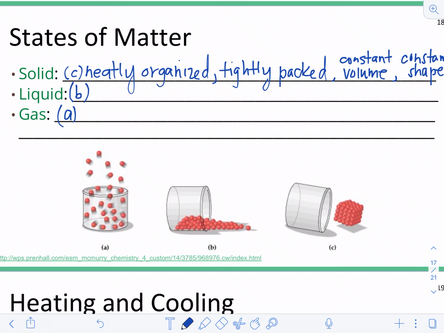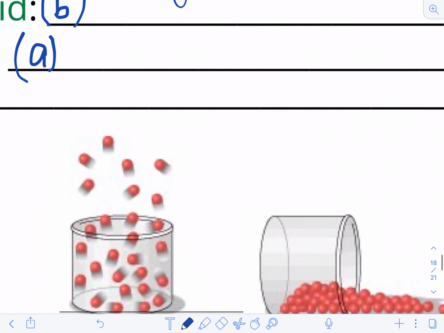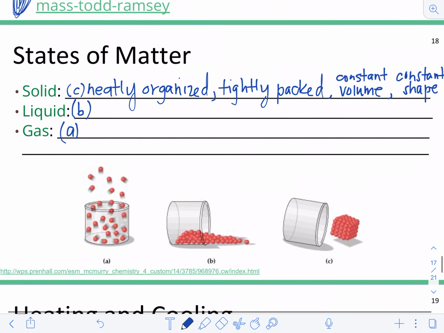The next and last state of matter that we are going to be talking about is a gas. That is beaker A, and one way you can tell it's a gas is that it is total chaos. The particles have black shadows after them, which just means they're moving extremely quickly.